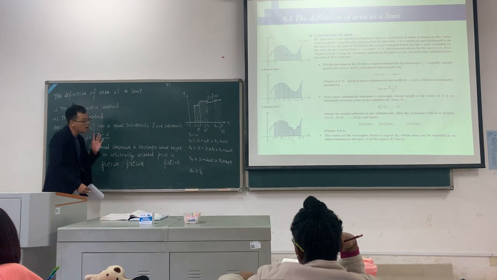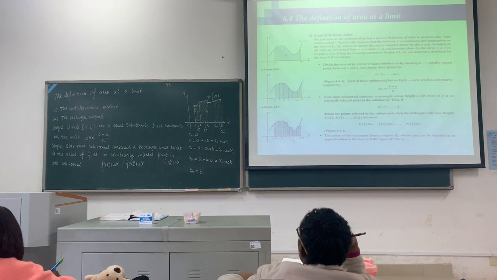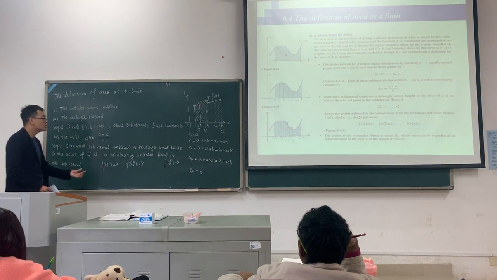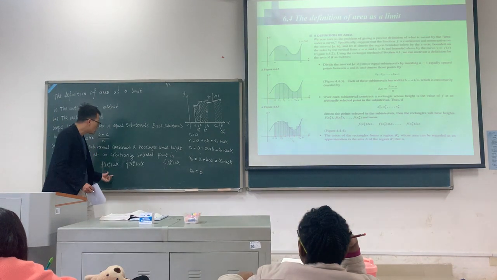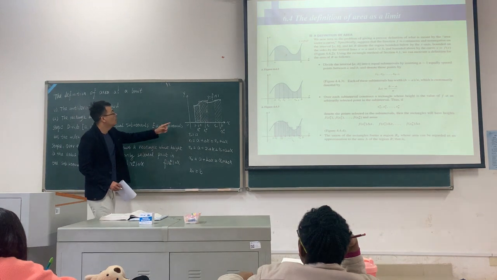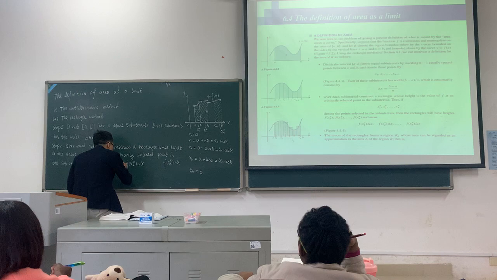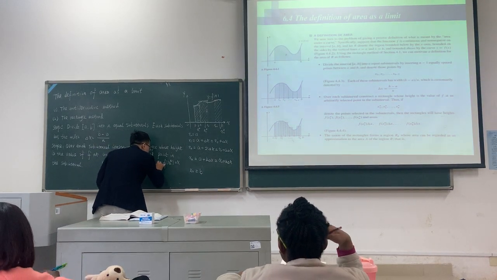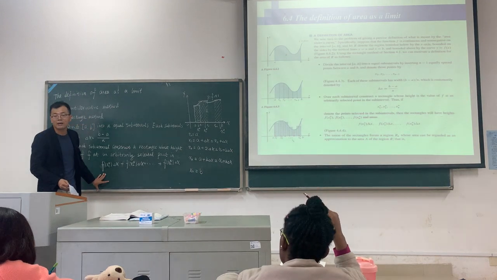Now we use the sum of all rectangles. We use the sum of the areas of all rectangles to approximate the area of A. So here we add them up. This is the total area of all rectangles.